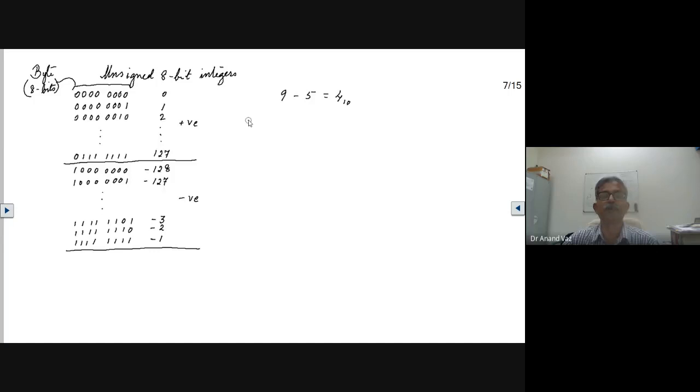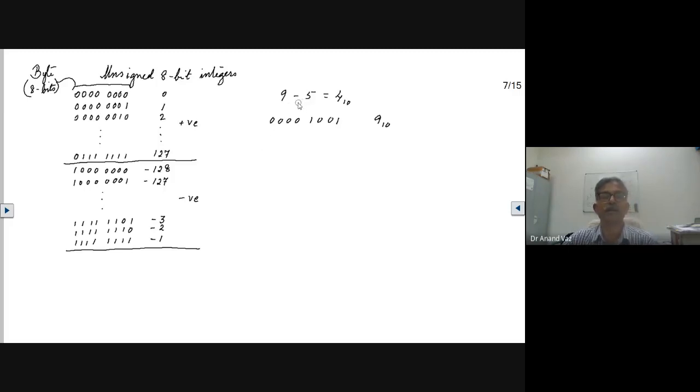So if we are doing the 8-bit representation of 9, that will be 0, 0, 0, 0, 1, 0, 0, 1. Okay, so this is 9.